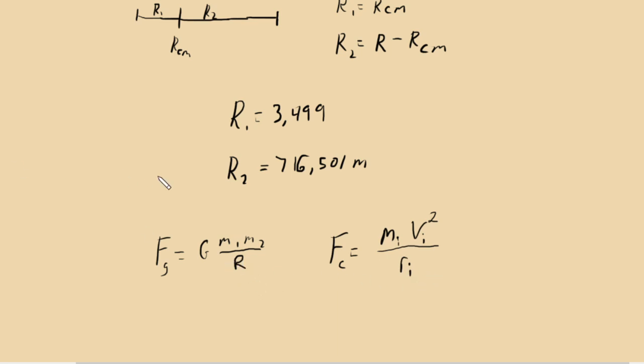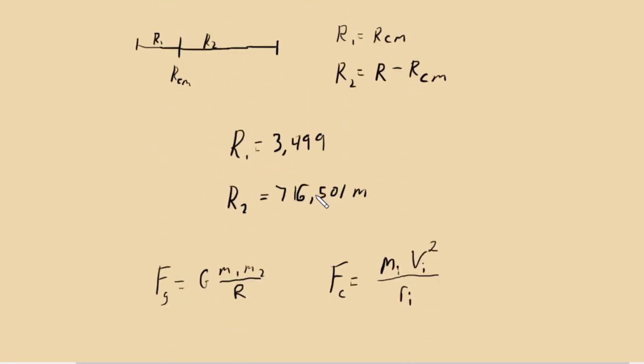So I'm not going to really work any more problems with this. We've seen most of this before. I just wanted to clear up and make sure you guys know when to use which radius. Hopefully it's starting to be clear that when we're talking about gravity, it's going to be the distance separating those two. When we're talking about centripetal force, when we're talking about rotating something around, it needs to be the radius of the circle it's traveling.